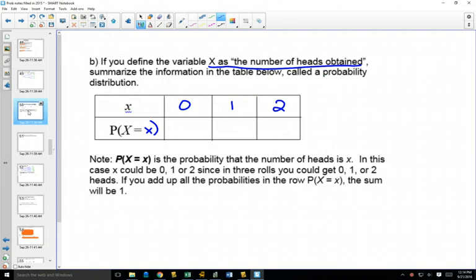So we have a 1 out of 4 chance of getting no heads. How many of those had exactly 1 head? Well, you see that there was 2 possibilities out of the 4. So I could label this as 2 out of 4, or I could label it as 1/2, because there's a 50% chance of that happening. And the probability of getting 2 heads was 1 out of 4.